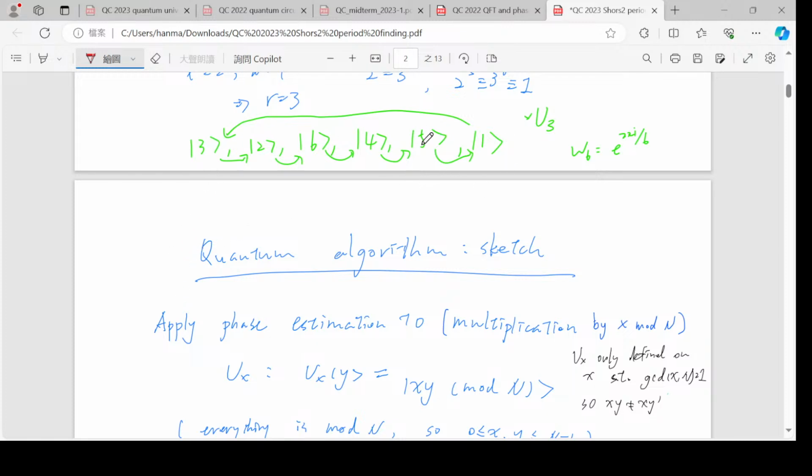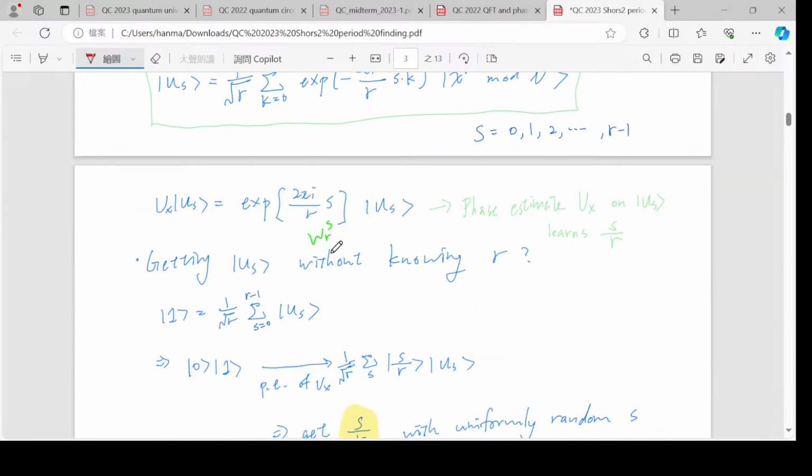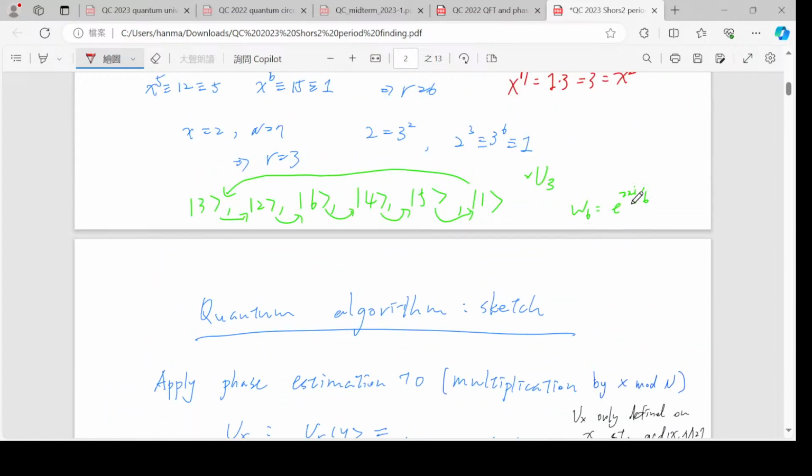Because the eigenvectors of the cyclic permutation are those where all 6 stay together and multiply. So it's an equal superposition with some phase vector of omega sub 6. And it turns out the eigenvalues are just omega sub 6 to different powers, from power 0 to 5.